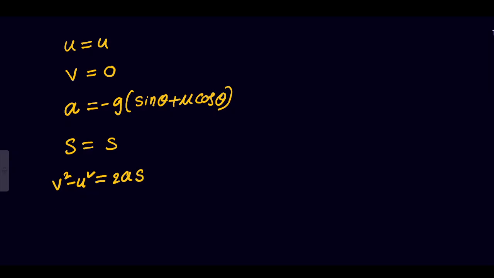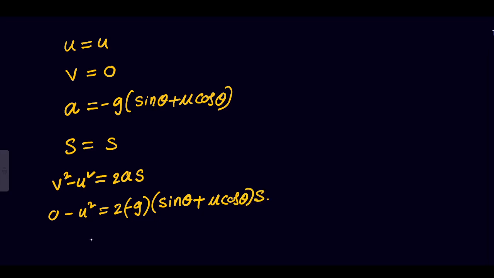Final velocity is 0, so 0 minus u squared equals 2 into minus g into sin theta plus mu cos theta into s.